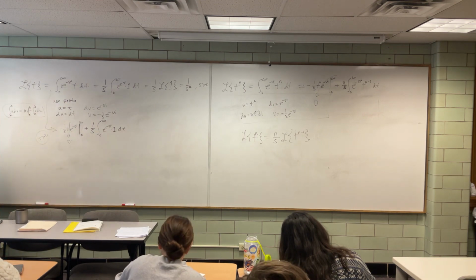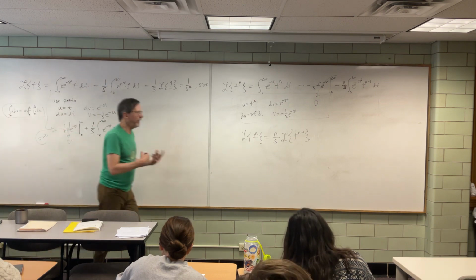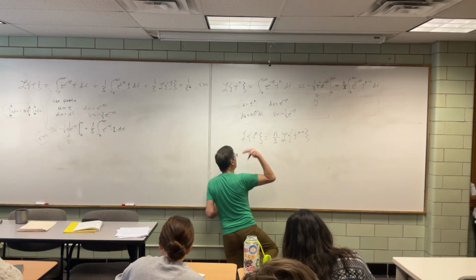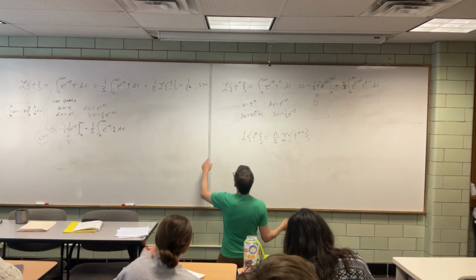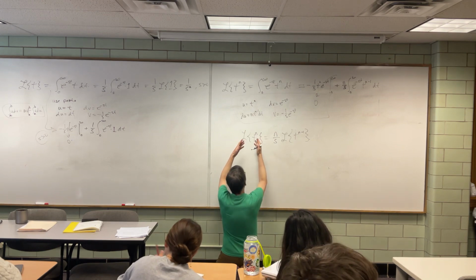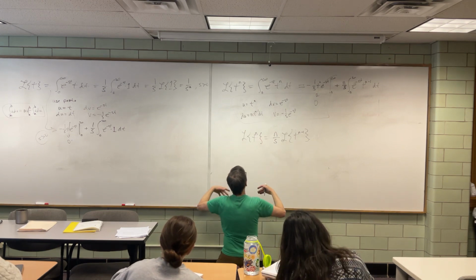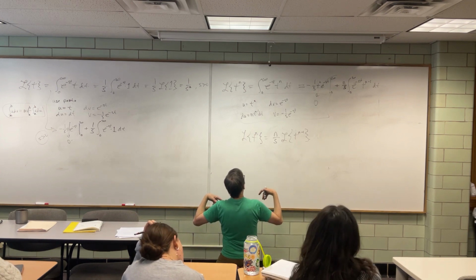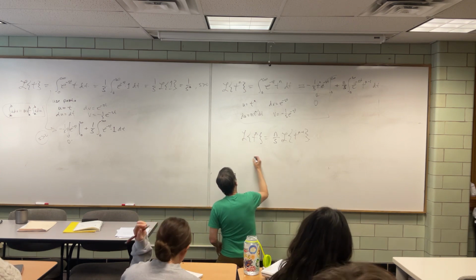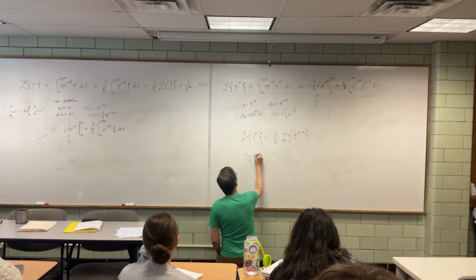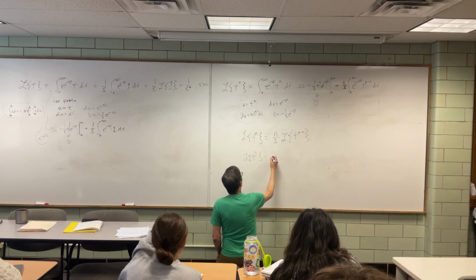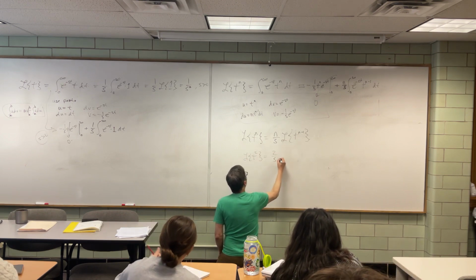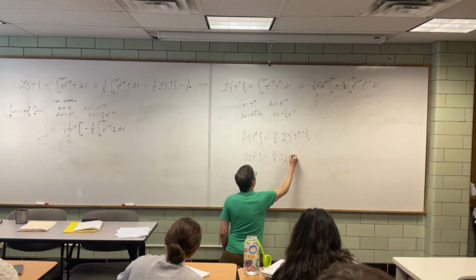We peel this down, right? We peel this sucker down. Let's actually get some solid cases in here to help our understanding. We know when n equals 0, we know when n equals 1, what we want to do is figure out the next one. So the Laplace transform of t squared is going to equal 2 over s times the Laplace transform of t.